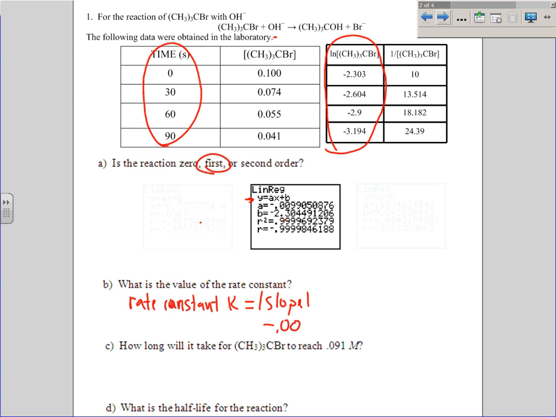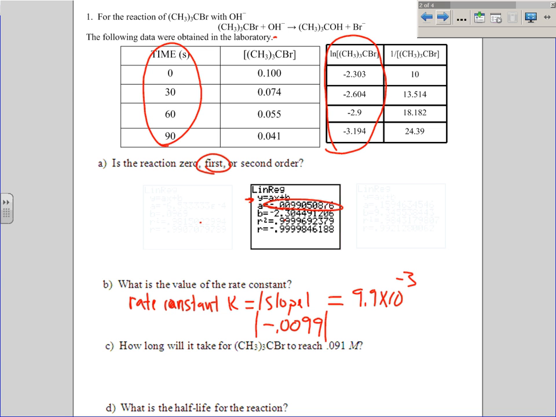We would end up with a slope of 0.0099, and remember we're taking the absolute value of that, so k is actually going to equal 9.9 times 10 to the negative third. So that would be my value for the rate constant, 9.9 times 10 to the negative third. And that's really based upon the slope of the graph in my graphing of the natural log versus time.